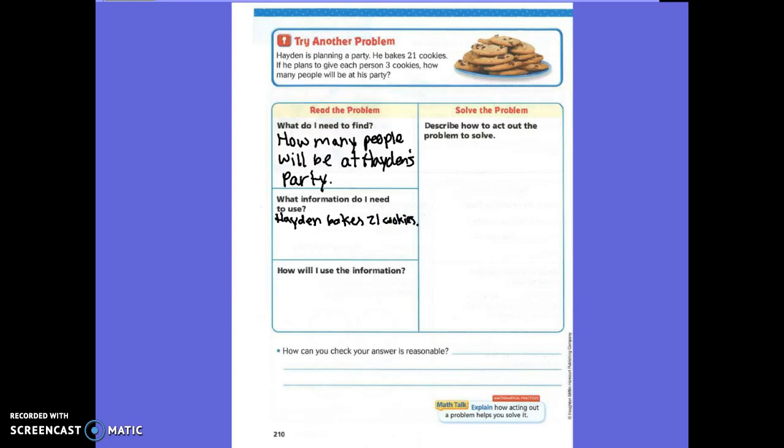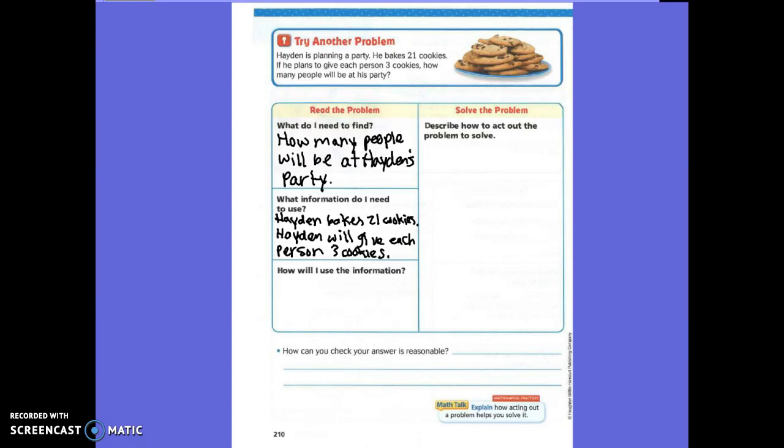Tyson? Okay, Hayden will give each person 3 cookies. I could say each person at his party, but we're just going to say each person.